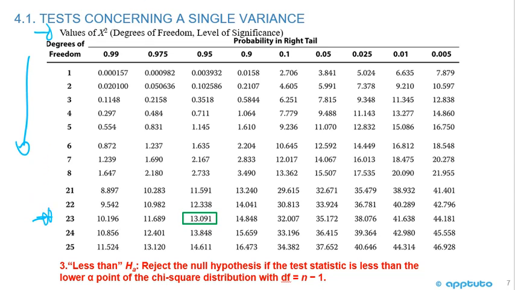The second thing we said we were going to test for at the 5% level of significance, and we knew that it was one-tailed because we were looking at a less than hypothesis. So we go along row 23 and column 0.95, and we have the critical value for the chi-squared, which is 13.091. Again, we're going to reject the null if the test statistic is less than 13.091.